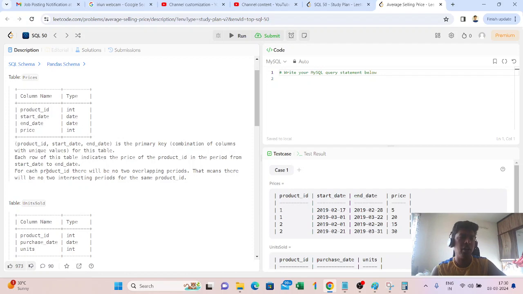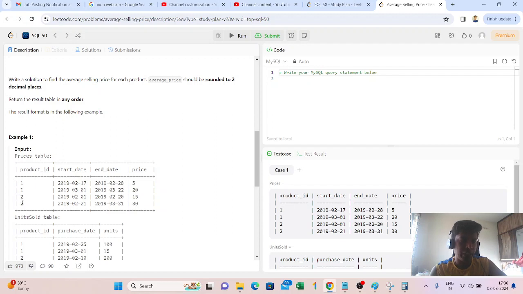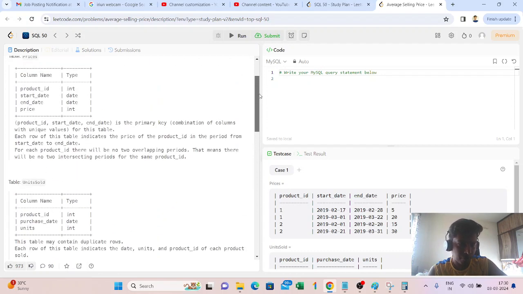In the example, from 17th of February 2019 to 28th of February 2019, the price of the product was 5 rupees, and for a different section of the dates the price changed to 20 rupees. So this table indicates the price of a particular product between a particular date range.